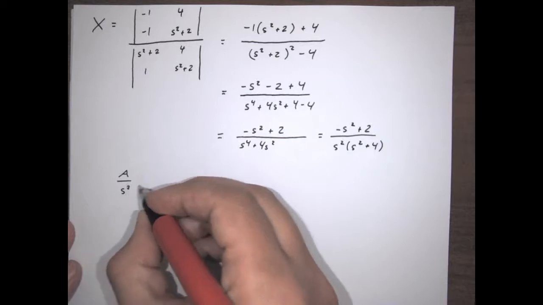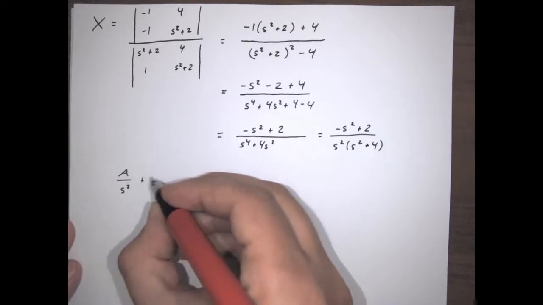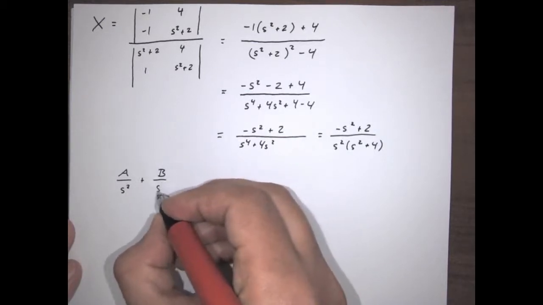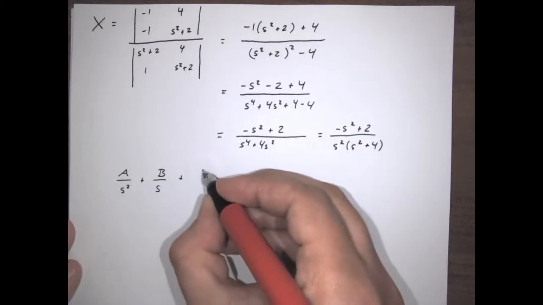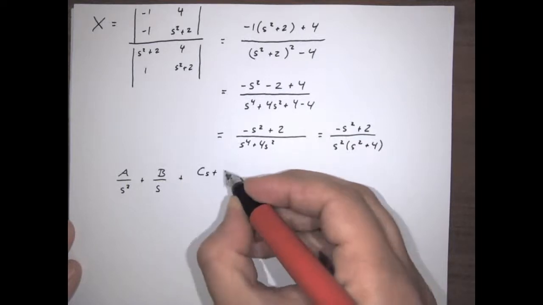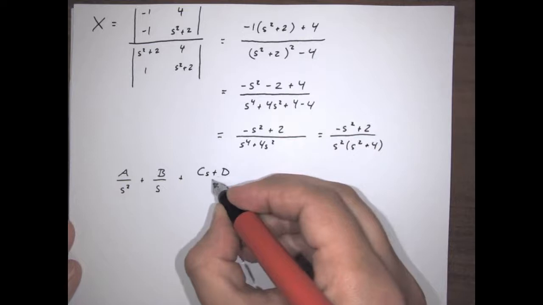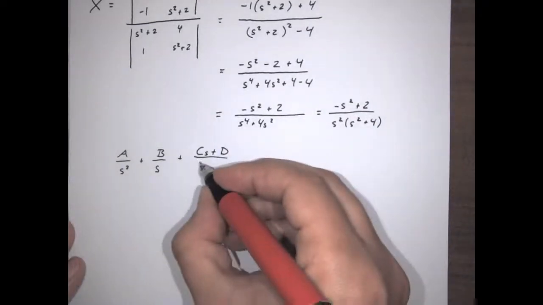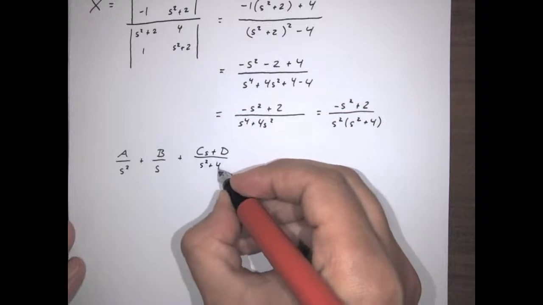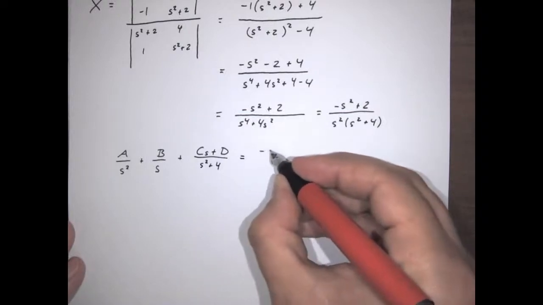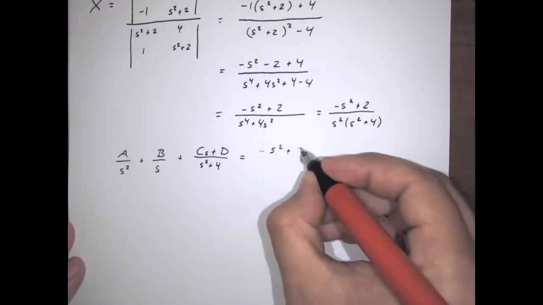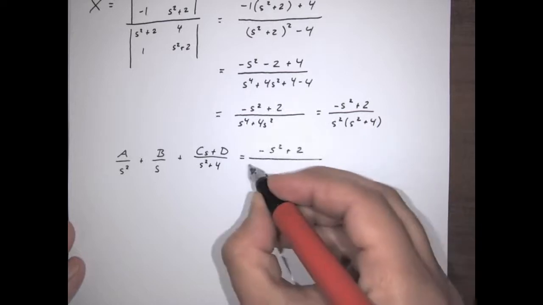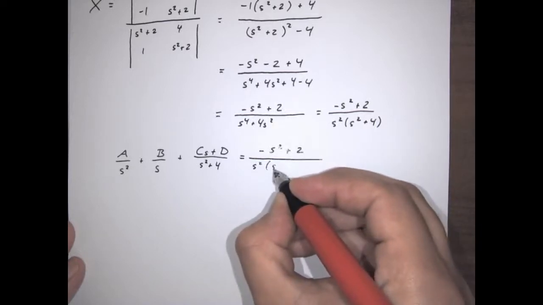So we're going to have a over s squared plus b over s plus cs plus d, since this is an irreducible quadratic, it's got to have degree 1 less on the top, over s squared plus 4, and that has to equal negative s squared plus 2 over s squared times s squared plus 4.